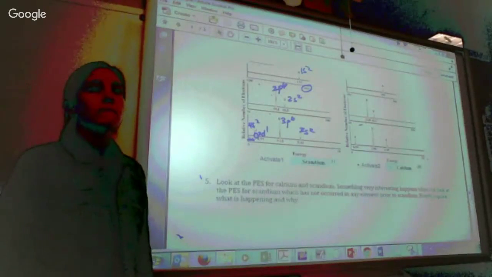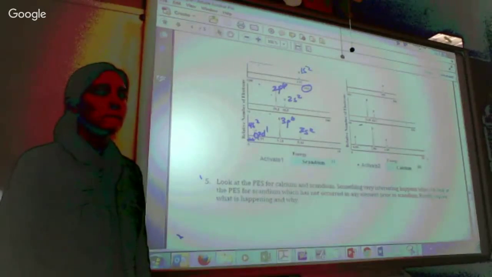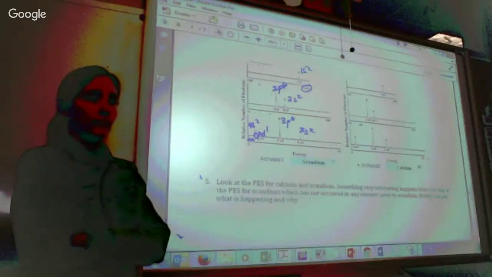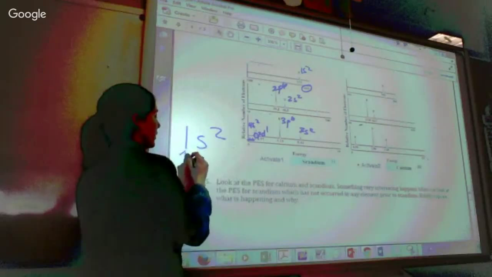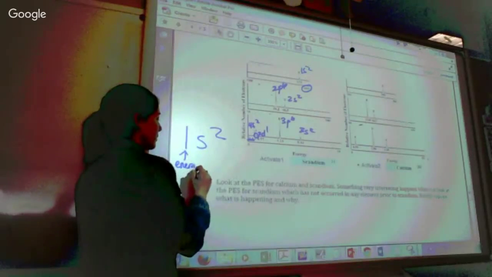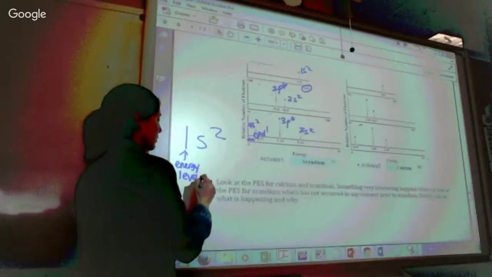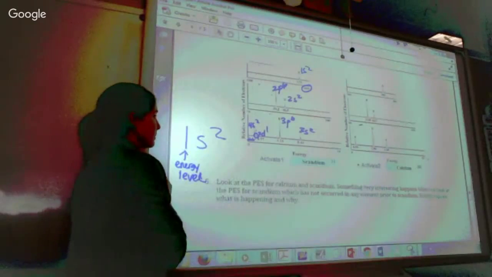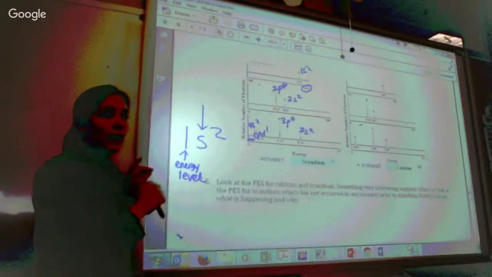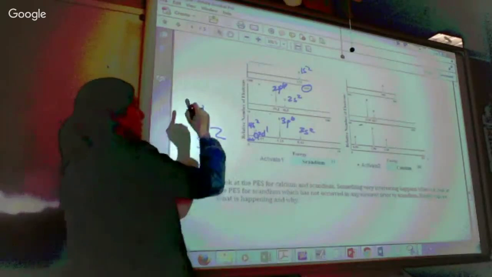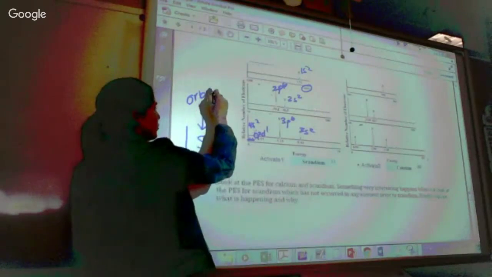Could you explain something I got kind of confused with? When you're writing out electron configuration, like 1s2, what does each part of the 1s2 represent? What is the proper term to refer to that? So 1 is going to be your energy level. The S, the P, the D, the F is typically referred to as your orbital.